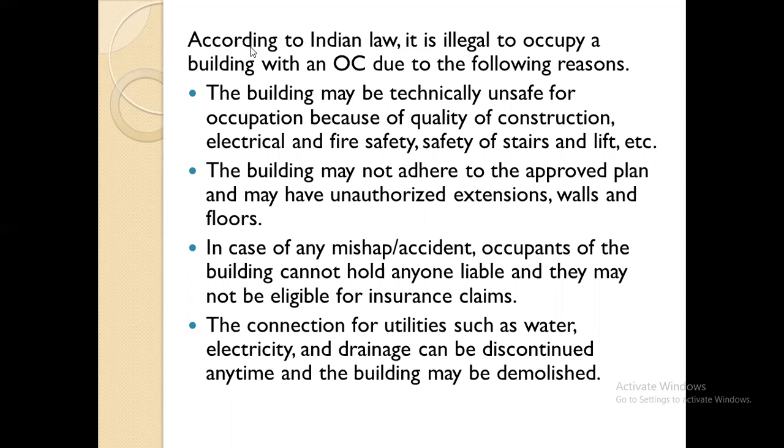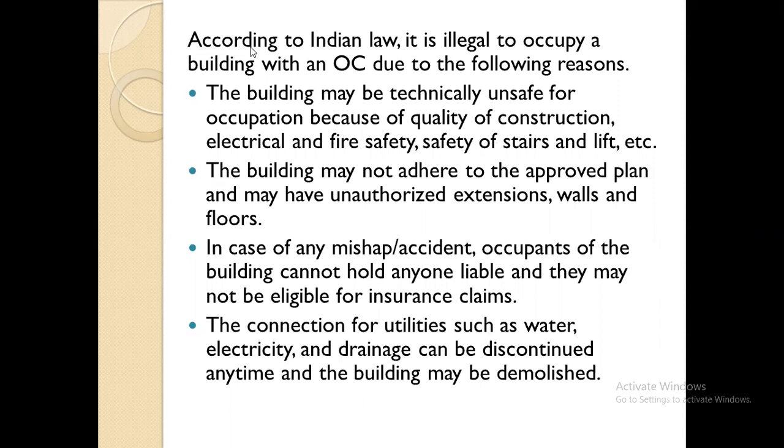The building may not adhere to the approved plan and may have unauthorized extensions, walls and floors. Means you have taken approval for the building plan, but at the time of actual construction, maybe you have unauthorizedly extended the floor space as well as the walls, or floors, the number of floors also.